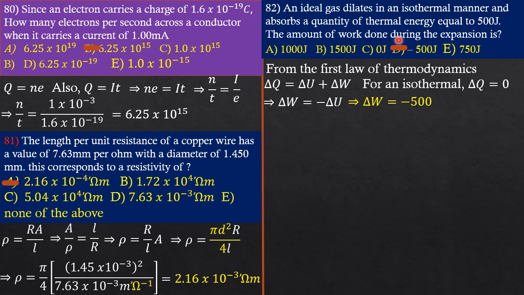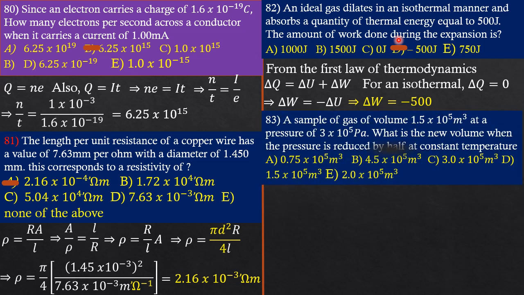Great. All right. So question 83, which I believe is the last, says that a sample of a gas of volume 1.5 times 10 raised to the power 5 meters cubed at a pressure of 3 times 10 raised to the power 10 Pascal. What is the new volume when the pressure is reduced by half at constant temperature? Great. All right.